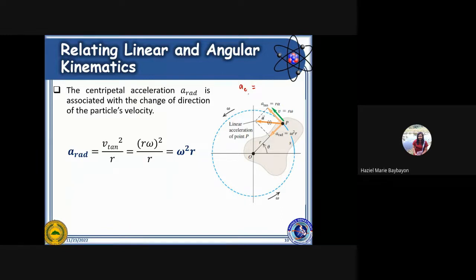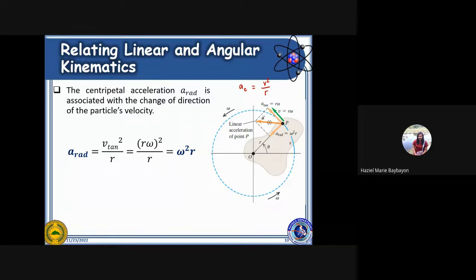The centripetal acceleration, this one, is equal to V squared over R. So it is dependent on the speed squared and the radius of the circular path. So you have this one, V squared over R.